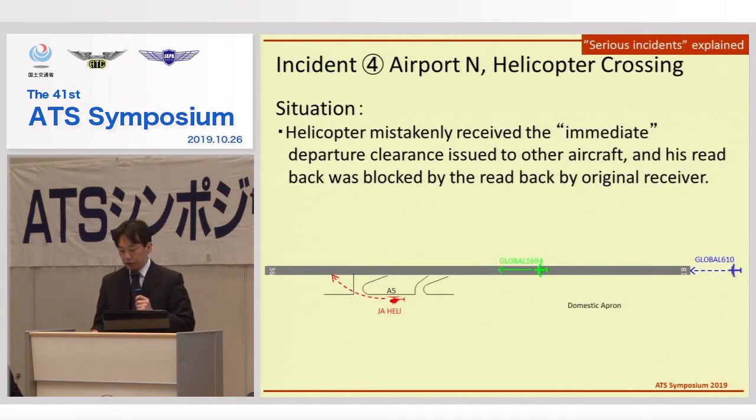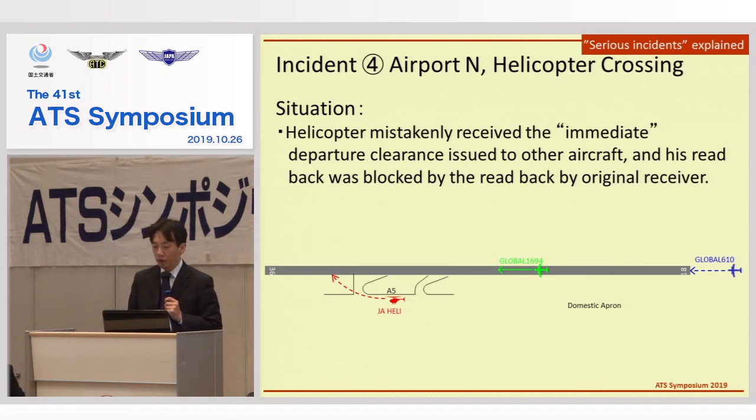Now let's go to the next incident. In this incident, Global 1694, the green one, on runway 16, and Juliet Alpha Hotel Echo Lima India, a helicopter on taxiway Alpha 5, were both waiting for takeoff clearance. The controller issued immediate takeoff clearance to Global 1694.